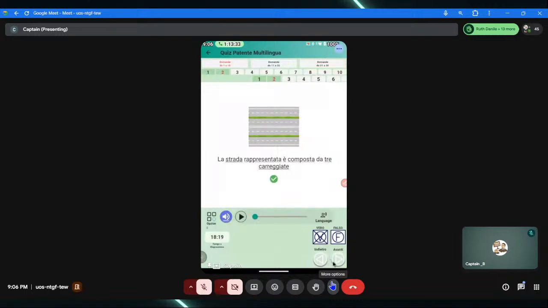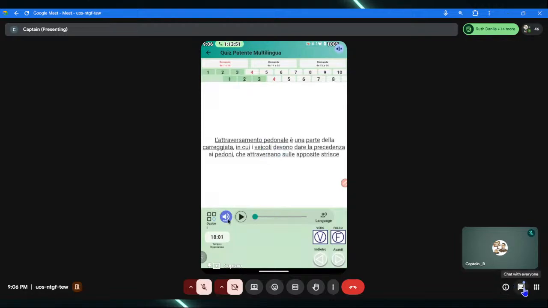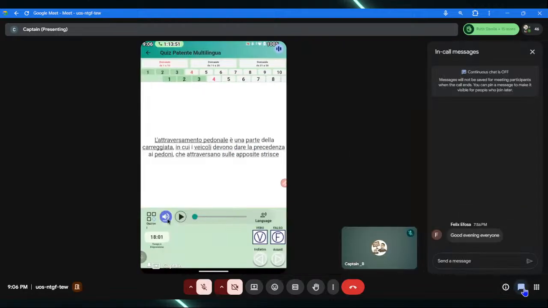Next person, please. Abimbola. Le strade extraurbane principali sono a carreggiate separate. Vero. Next. L'attraversamento pedonale è una parte della carreggiata, in cui i veicoli devono dare la precedenza ai pedoni, che attraversano sulle apposite strisce.